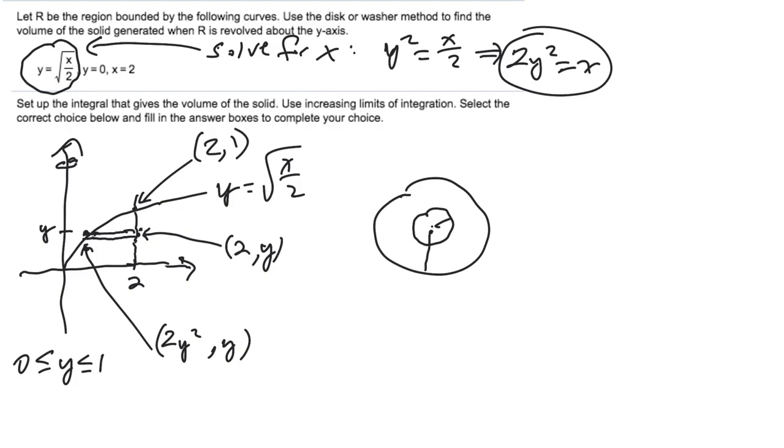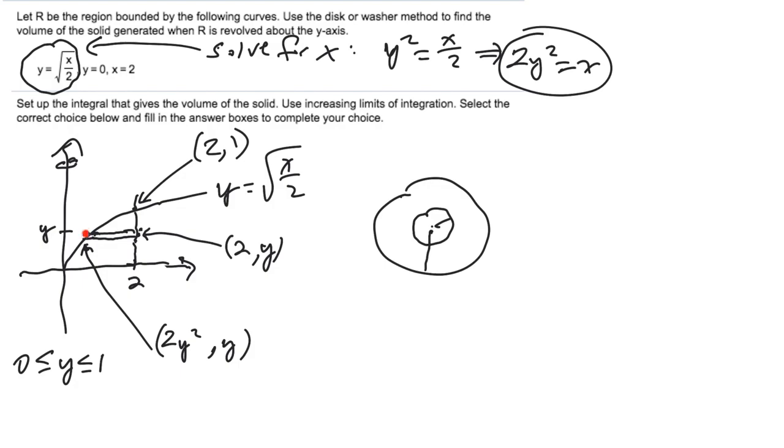The radius of the hole is the distance from the center of the hole, which is here, out to the first edge of the rectangle that I find. So from here to here is the radius of the hole. The x-coordinate of this point is 0. The x-coordinate of this point is 2y squared. So the distance from there to there is just the difference of those two x-coordinates.